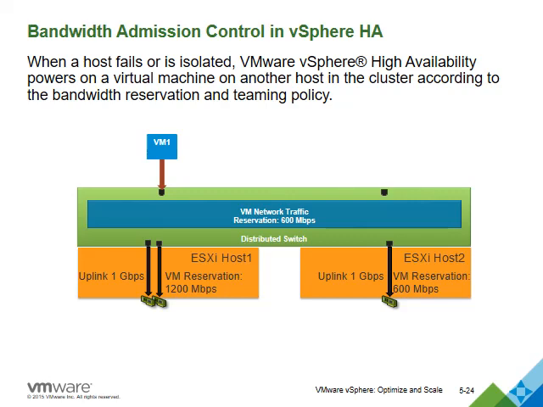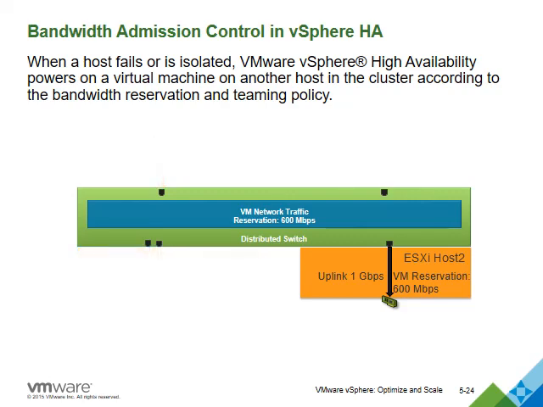And also bandwidth admission control in vSphere HA, same kind of concept. We have a host that fails or is rebooted, and to be booted it has a reservation on it, so we're going to check that reservation. If it can't be met on one host, or host fails, it brings it up on that one.